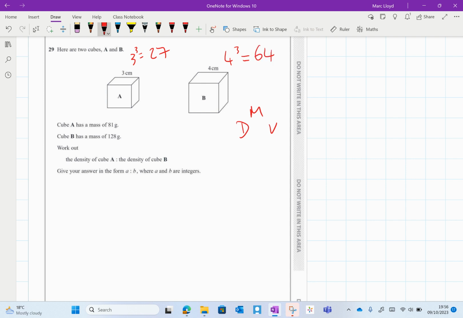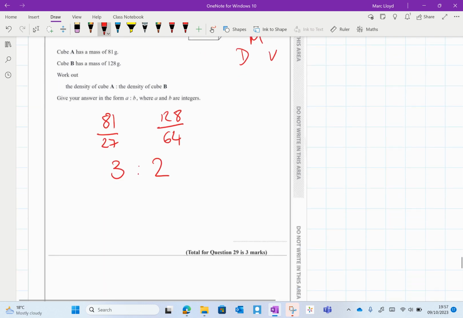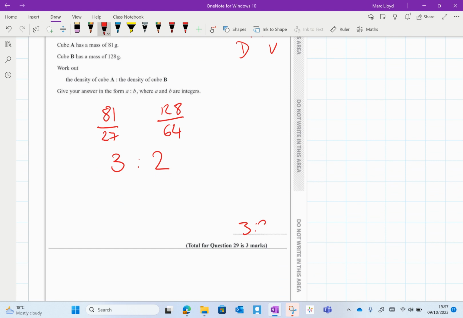And then to work out the density, we need to do the mass. 81 divided by 27. Mass divided by volume. So the mass of the next one, 128 divided by 64. That works out nicely, so that's 3 to 2. So A, B, 3 to 2, like so.